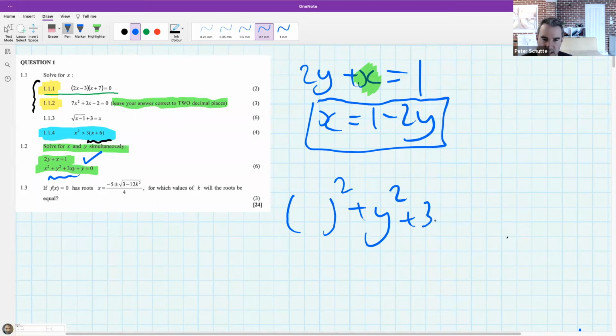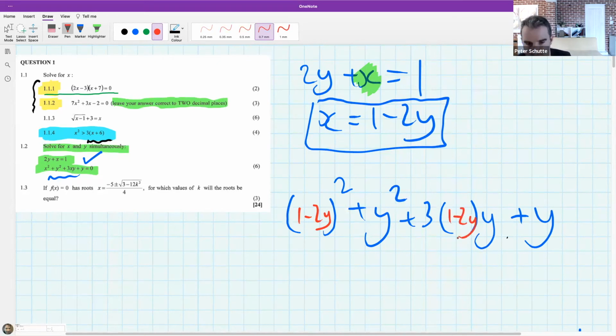So I'm actually going to leave that space. It's almost like there's a blank there, plus y. And the subbing in step is 1 minus 2y, 1 minus 2y. Once you've done that, your chances of succeeding are much higher. So just give me a thumbs up if you followed my step 1 and step 2 there.